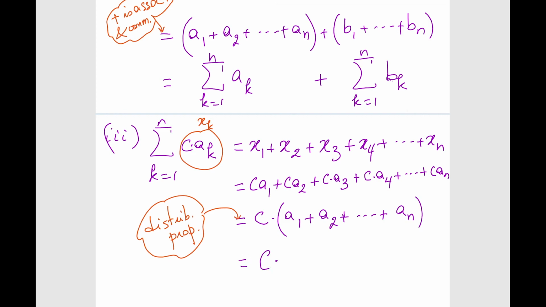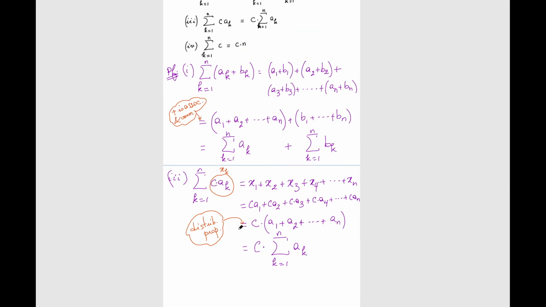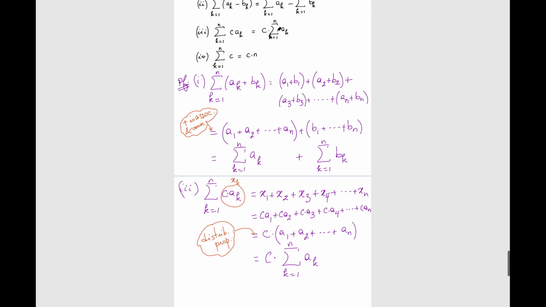And this sum can be represented by the sigma notation. Each term looks like a_k, and k goes from 1 to n. Correct? So this takes care of 3. You see? It's right there. This is what we showed.